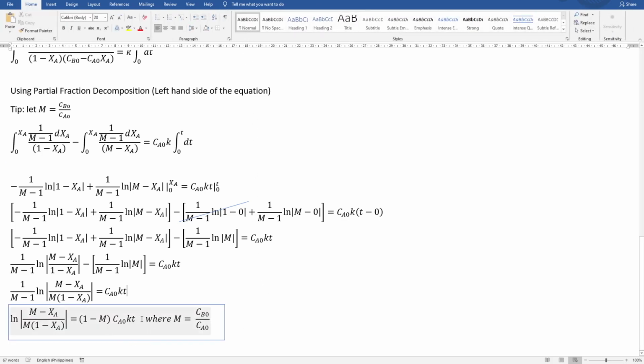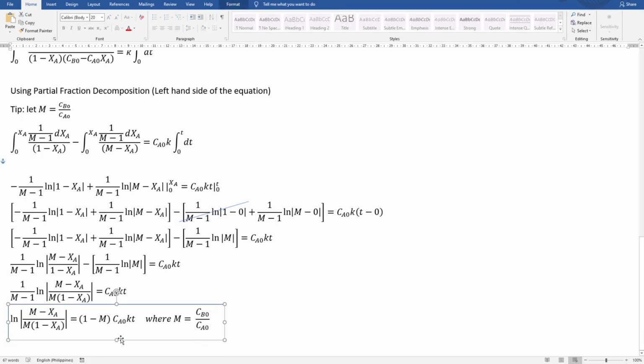Initial concentrations, CBO and CAO, and the conversion, so you could solve for the time. Or if you are given time and initial concentration, you can solve for the conversion.